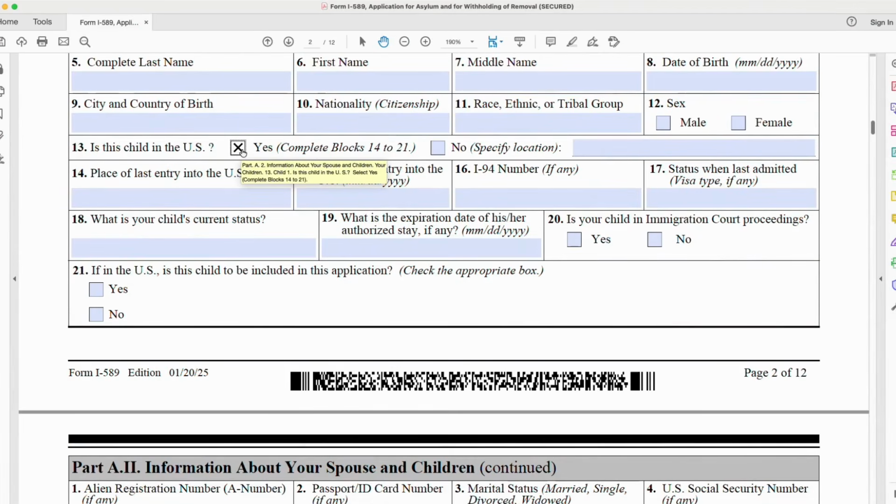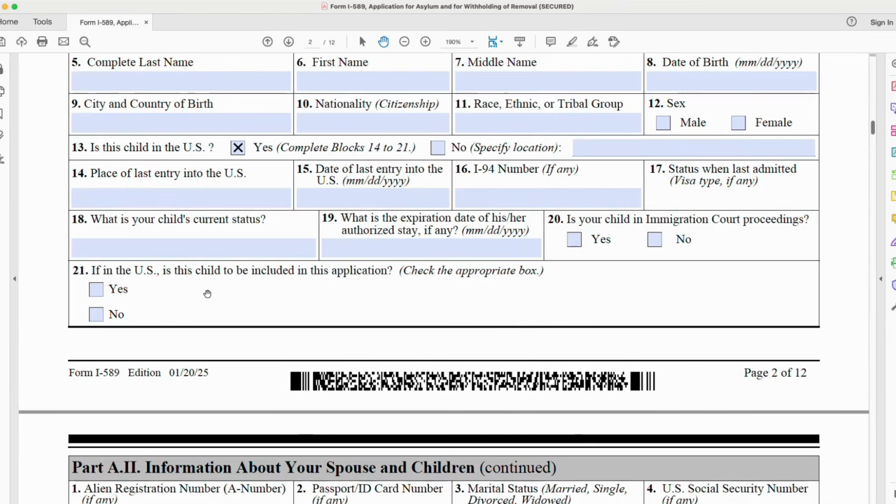If your child is currently in the United States, you're checking yes, and on question 14, write the place where they last entered, and on question 15, the date they last entered. On question 16, write their I-94 number if they have one. On question 17, if they entered with a visa or parole, specify the type of visa or write parole. If they did not enter with a visa or parole, you can write none or leave it blank.